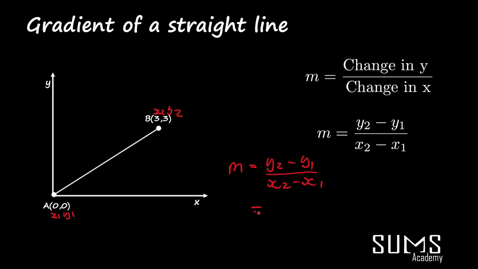That gives m equals (3 minus 0) over (3 minus 0), which equals 3 over 3, which equals 1.